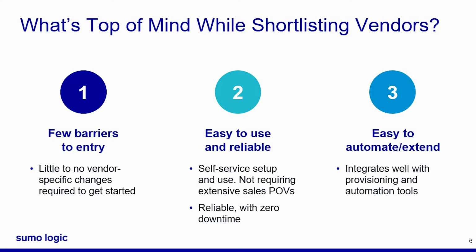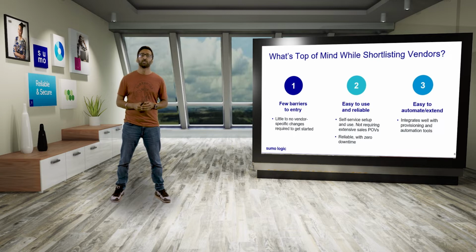The tool should also provide a great experience. Users should be able to self-serve on a platform and should not require an extensive sales POV to try out the product in full glory. But ease of use is not enough. You also want to make sure that the tool is reliable because the reliability of your application depends upon it.